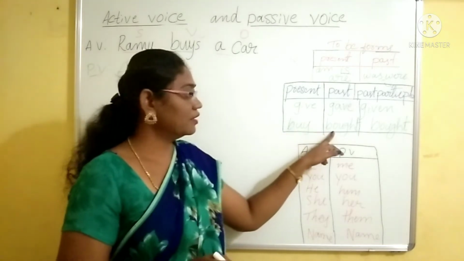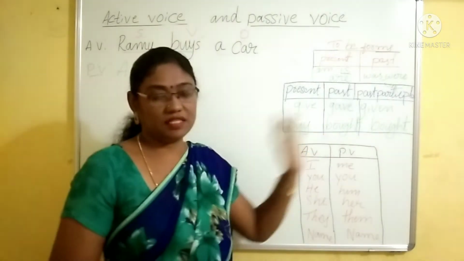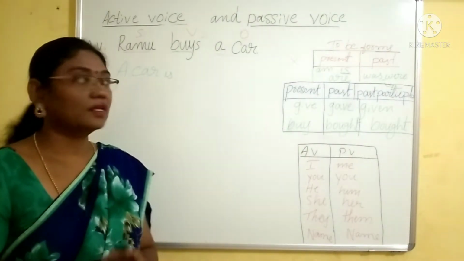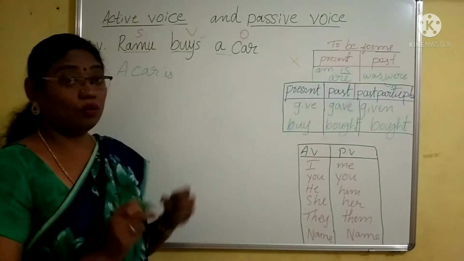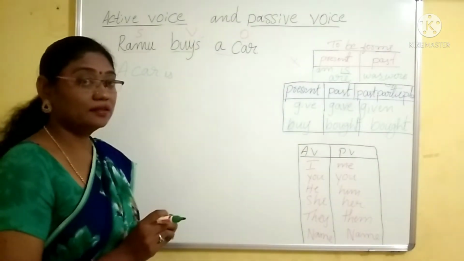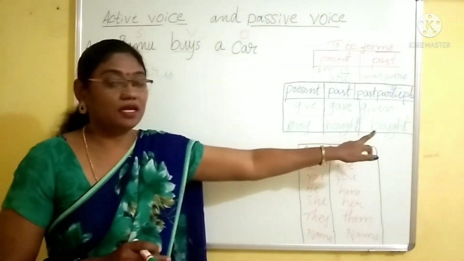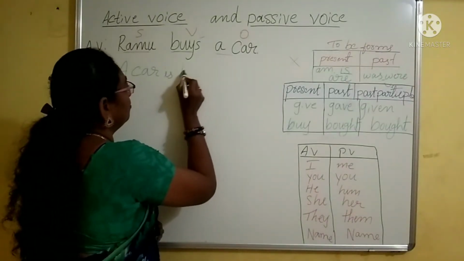Buy is present, bought is past, bought is again the past participle. So what should I write now here? As per the rule, I have to write V3, bought. A car is bought.